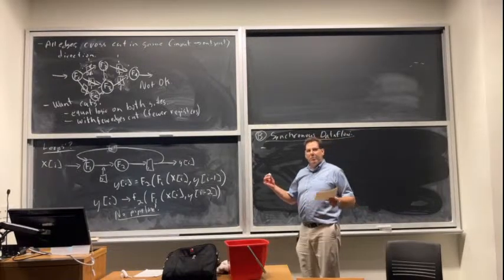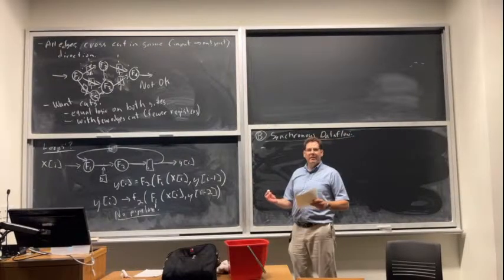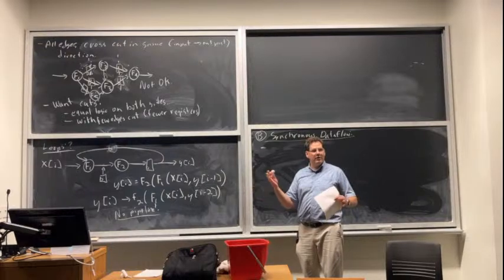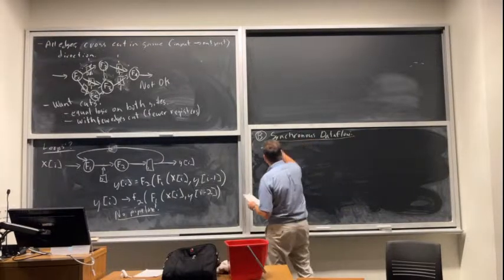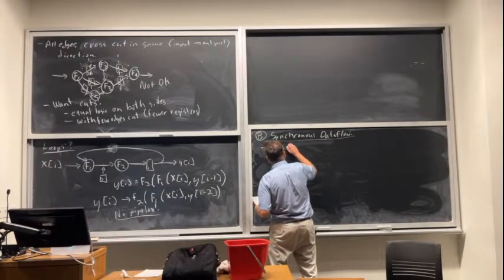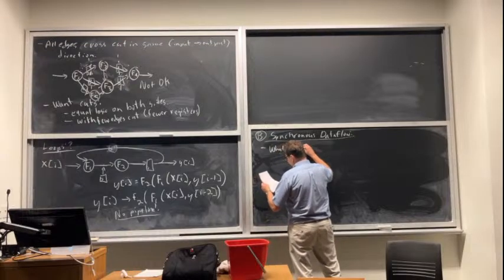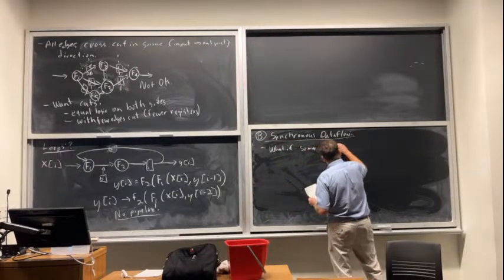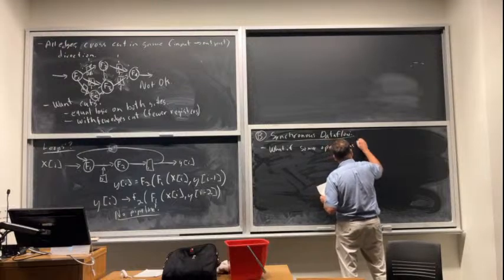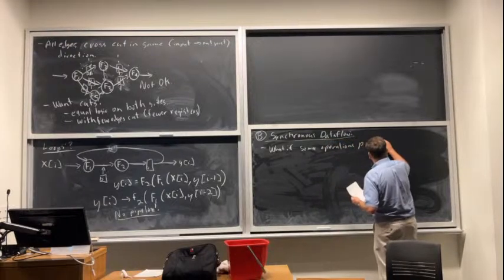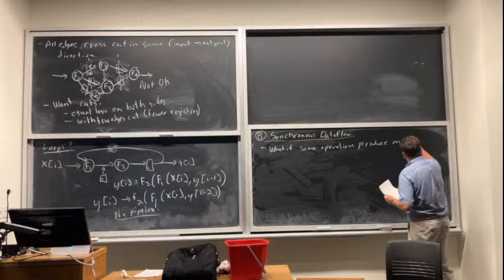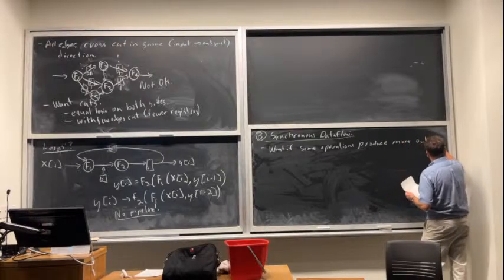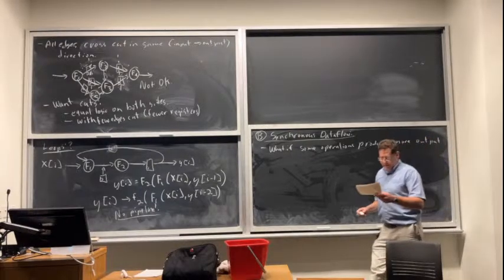Sometimes we don't have the same amount of data at every part of our processing pipeline. Okay, so what if some operations, maybe some operations produce more output than input.